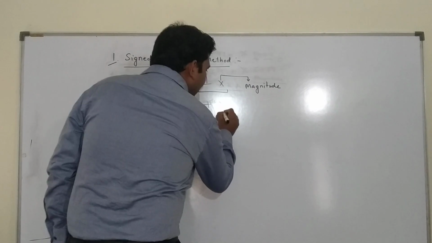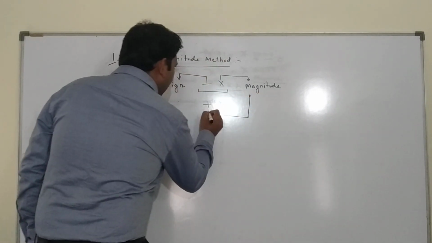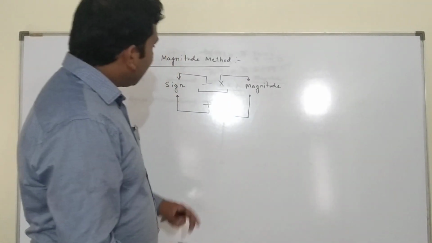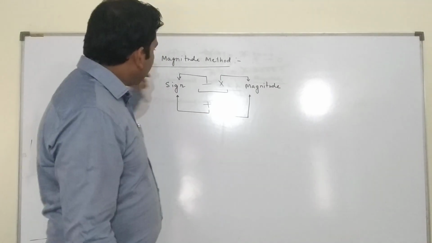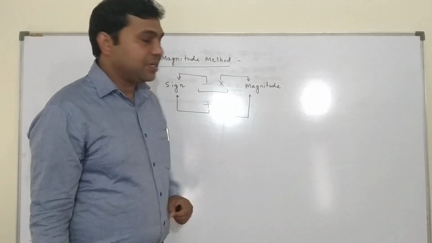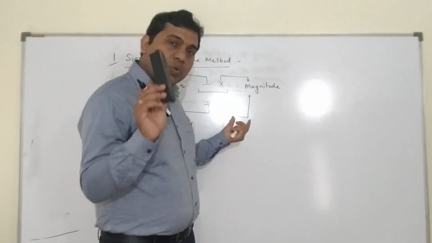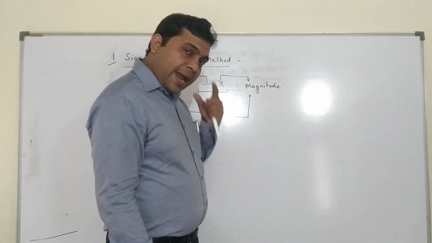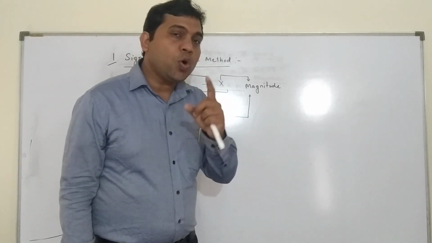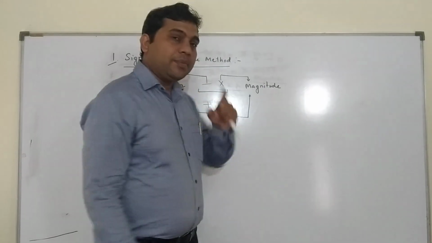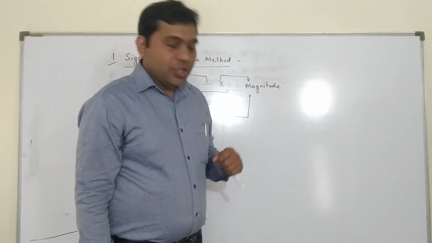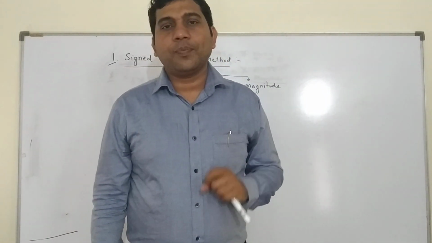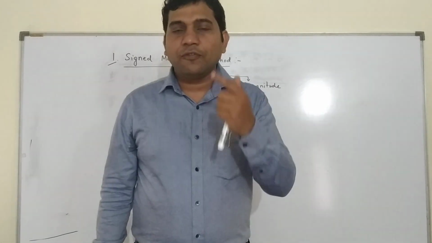In this number, again, x represents the magnitude and plus represents the sign. So if I wanted to represent this number in a signed magnitude method in binary number system, I need to first find out the magnitude of this number. And then I need to use 0 or 1 for plus and minus. So in binary number system, we use 0 for positive numbers and 1 for negative numbers.